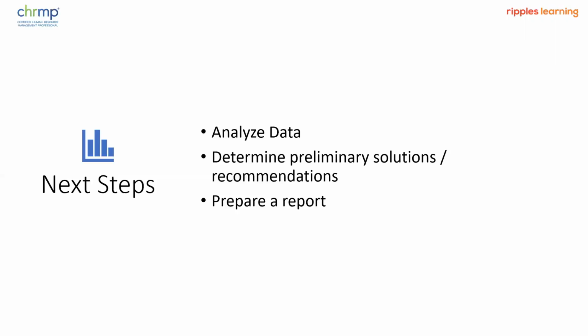So you identify those themes and see what people are saying about them, what variables emerge, and that's how you put together the analysis. Look at the data and then you determine your preliminary solutions or recommendations, what kind of recommendations you want to give.